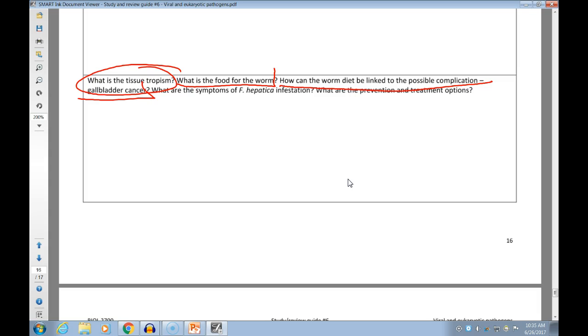Okay, so it's carcinoma, gallbladder carcinoma. What are the symptoms of fasciolohepatic infestation? Since it goes to the spleen, it's going to be splenomegaly and can actually lead to cirrhosis. Prevention and treatment options. There are treatment options. Drugs like thiabendazole, mebendazole. Prevention: sanitation, cleaning up the plants.